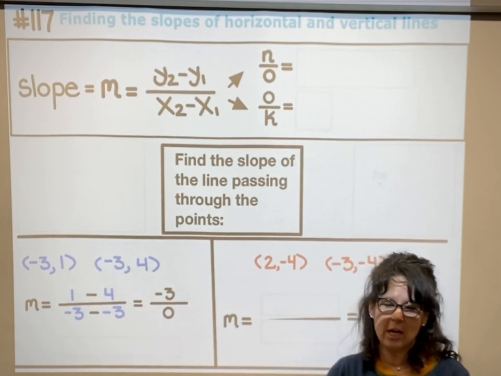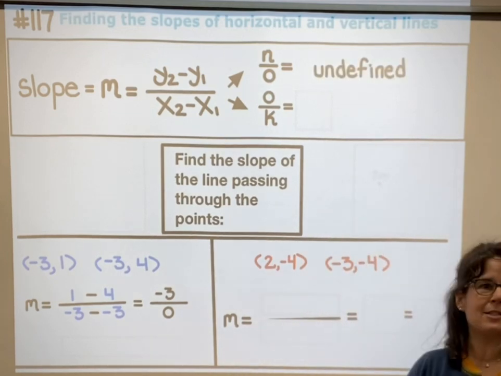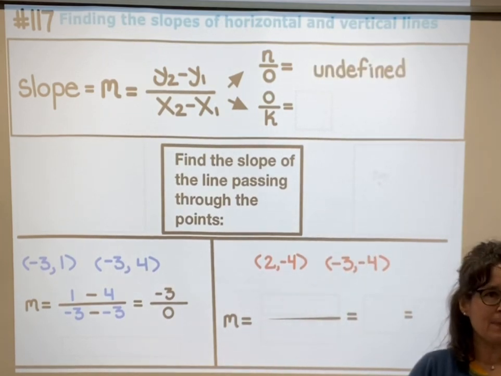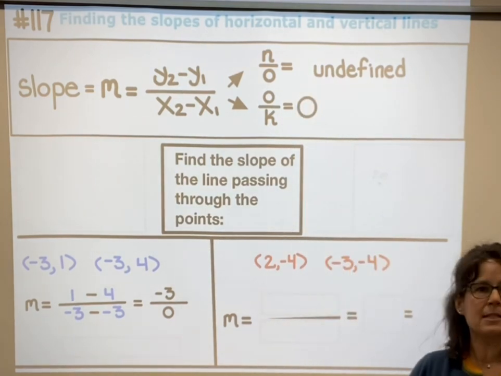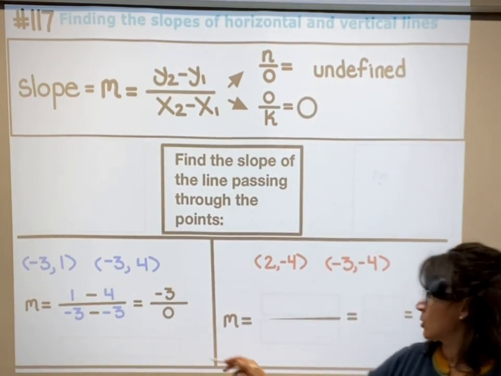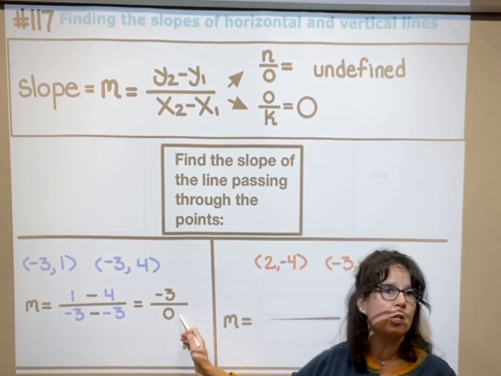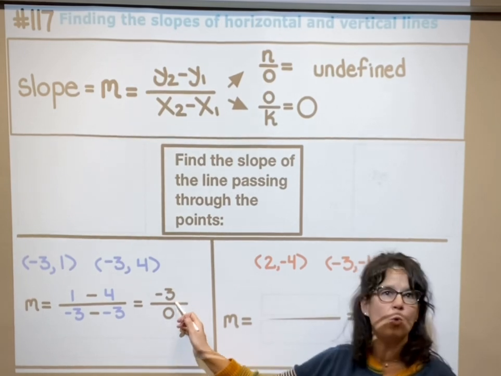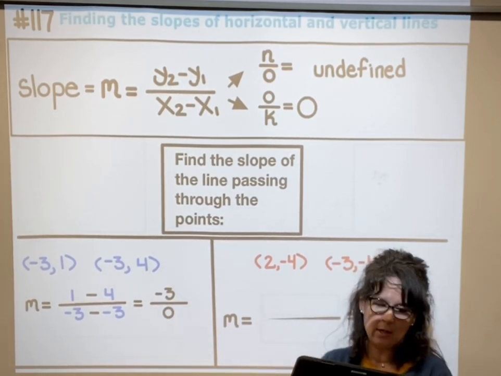Yeah, no solution, undefined. If you're dividing by 0, you can't divide by 0, that's undefined. But if 0's in the numerator, 0 divided by anything is 0. So when we went to simplify this and I got -3 over 0, this one looks more like the word no. So this one does not have a numerical answer.